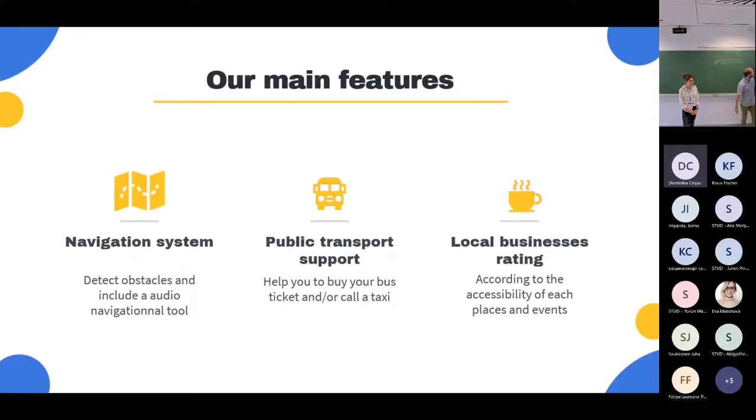So I have talked about the main feature, the navigational system, and the local businesses rating, that is the wheeler ability. We have a third feature that is going to be public transport assist. The main reason for this is to help people buy a bus ticket or to help them get a taxi within the app.